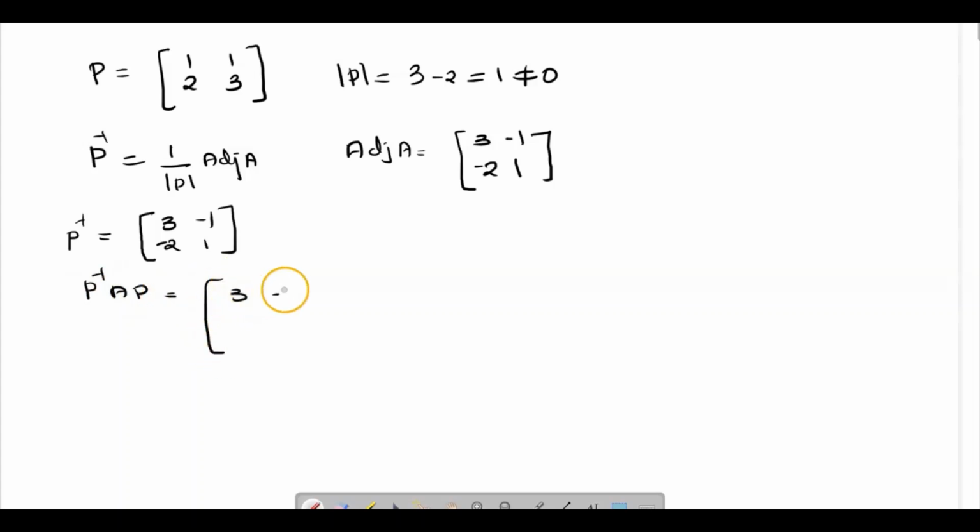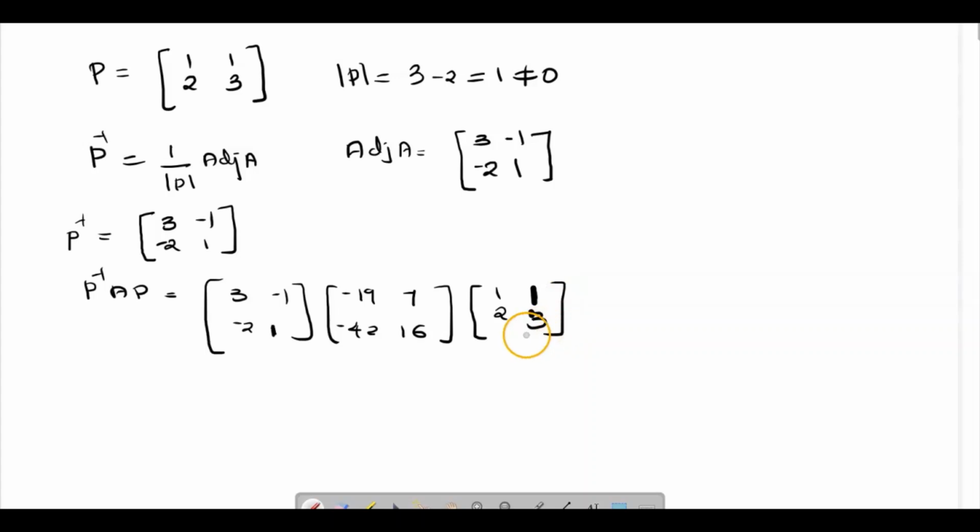P inverse into A: minus 19, 7, minus 42, 16, and P is 1, 2, 1, 3. Let's multiply first and second.